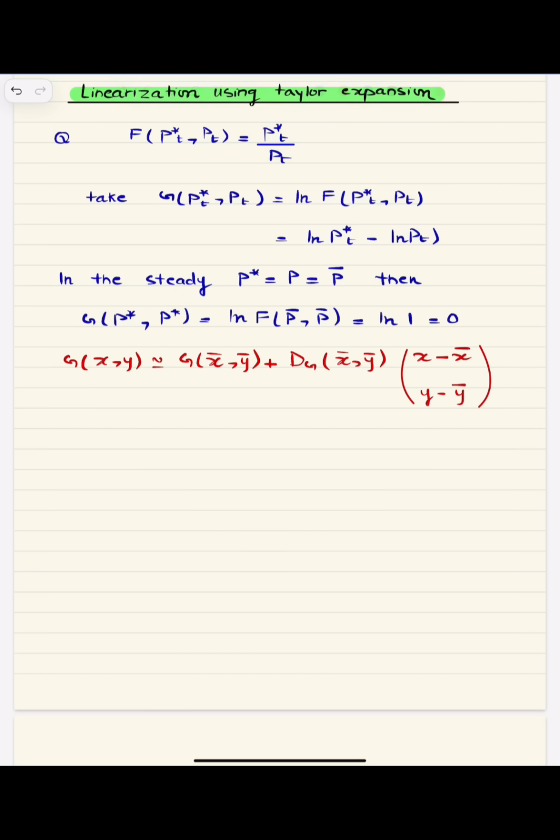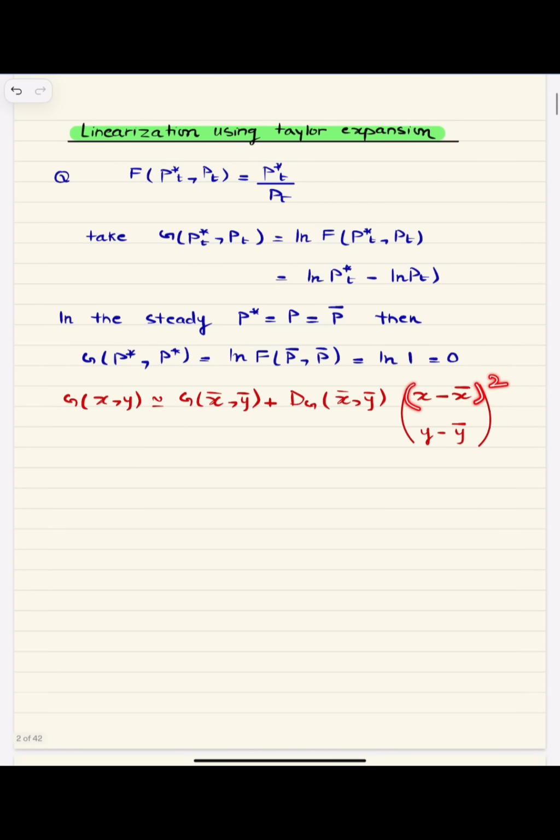I'm not going to take higher order derivatives, because then we'd end up with a square, and remember, I want to linearize it.